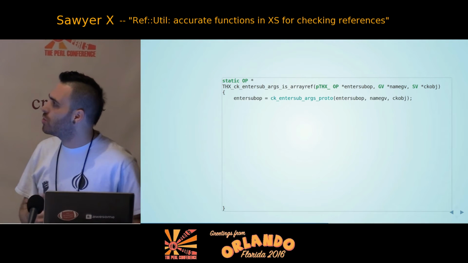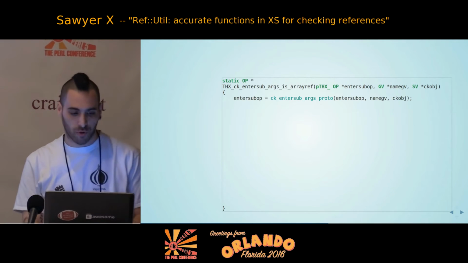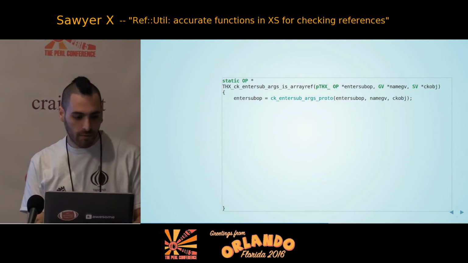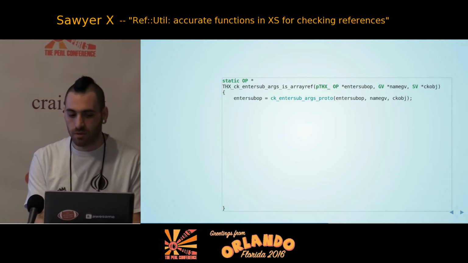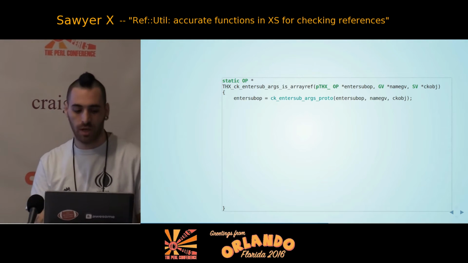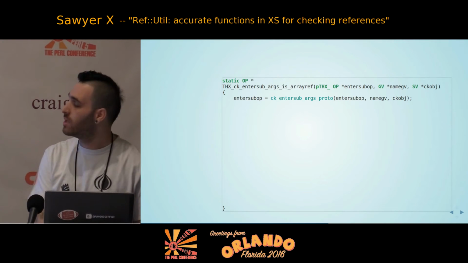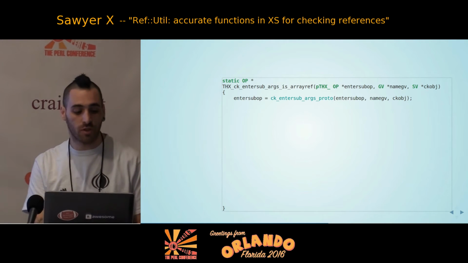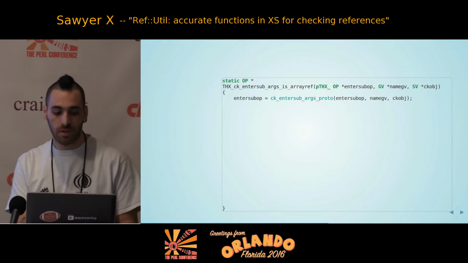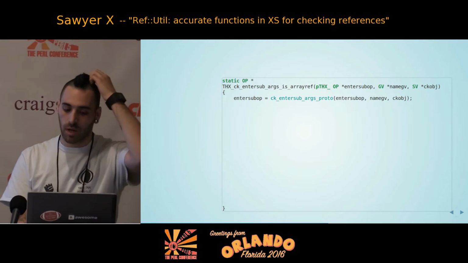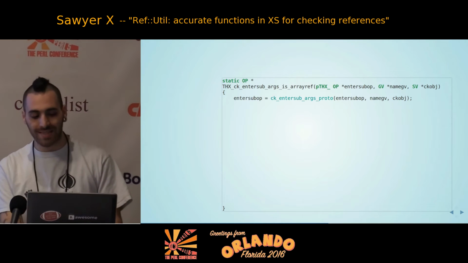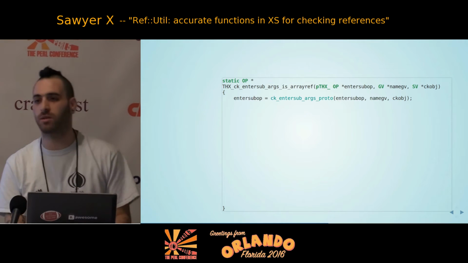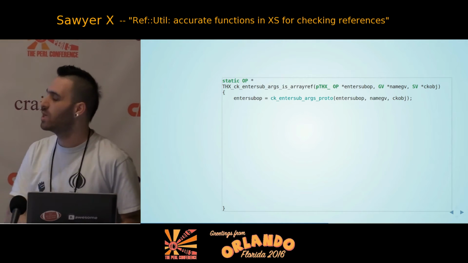The first thing that I do is call check enter sub args proto, and I do have an explanation on what this does. It performs the fix-ups of the arguments part of an enter sub op tree based on a subroutine prototype. And this makes modifications to the argument ops, from supplying context up to inserting different ops and checking the number and syntactic types of arguments as directed by the prototype, which to me says, just put this in.